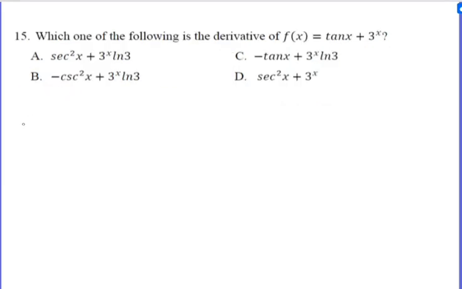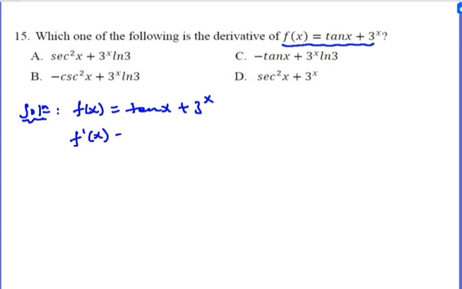Which one of the following is the derivative of f of x equals tan x plus 3 to the power of x? It's about the derivative of the combination of trigonometry with exponential. Our function f of x is tan x plus 3 to the power of x. So the derivative of this function is the derivative of tan x plus 3 to the power of x.